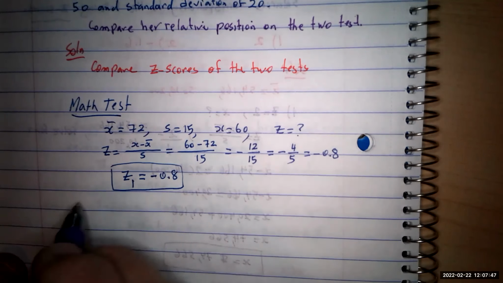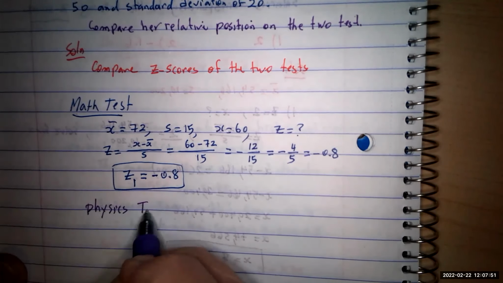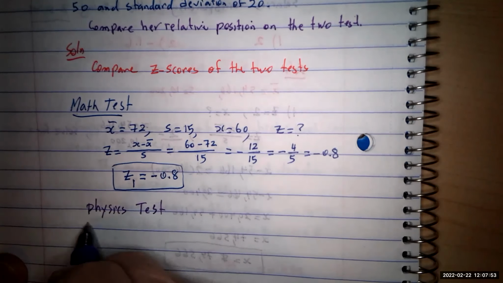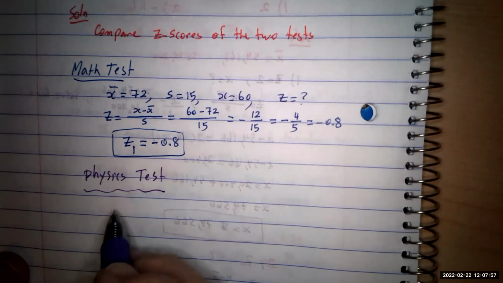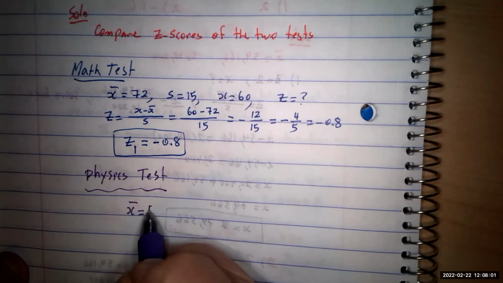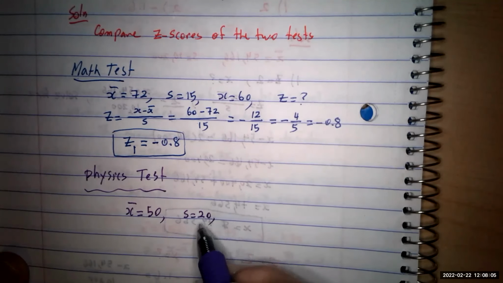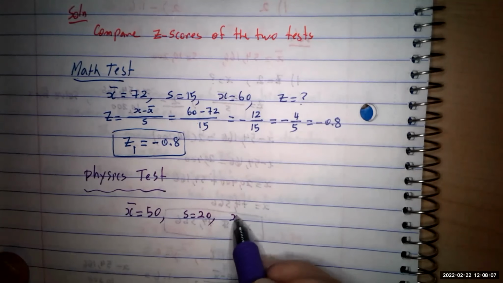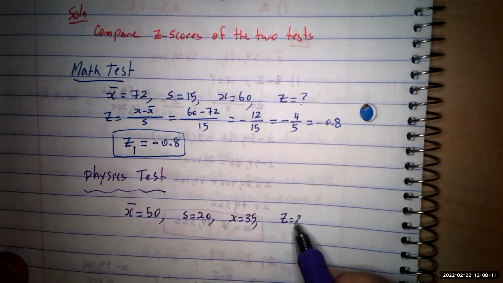Check the second one, the physics. Okay, physics test. The mean of this course is 50 and the standard deviation of 20. And her score is 35. And you want to know what's going to be the z number for this one.